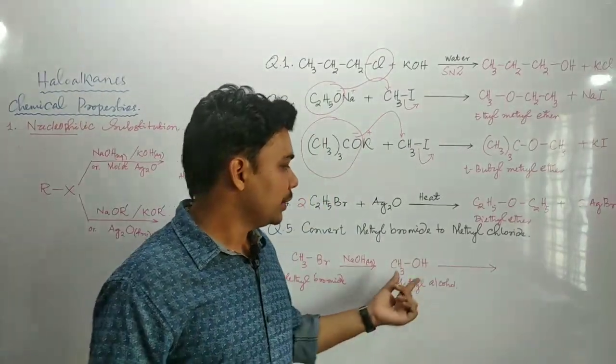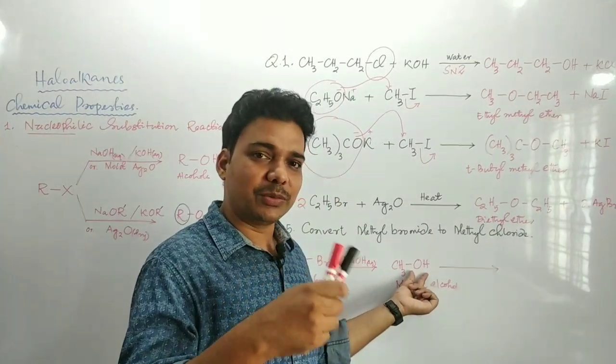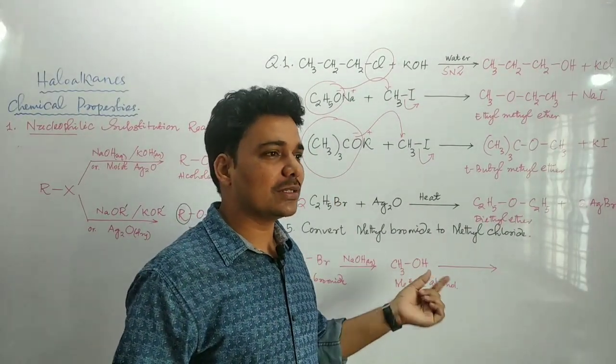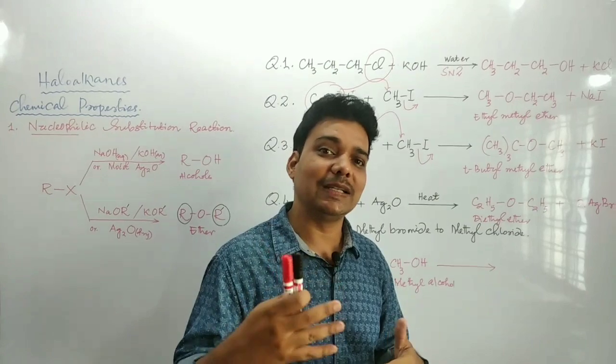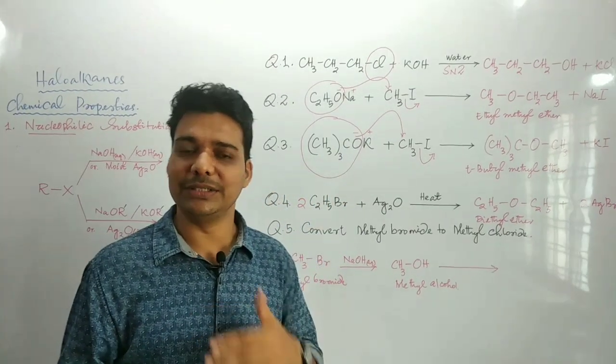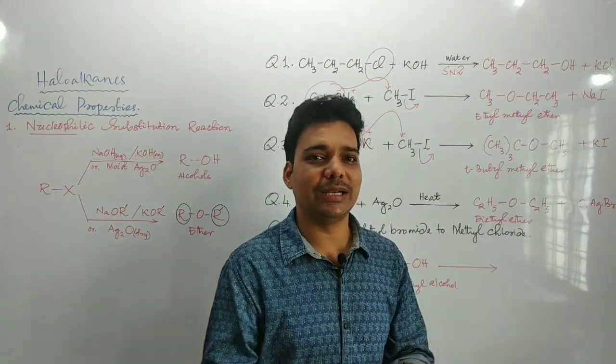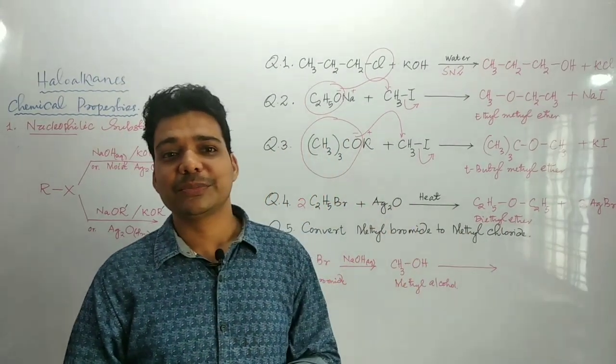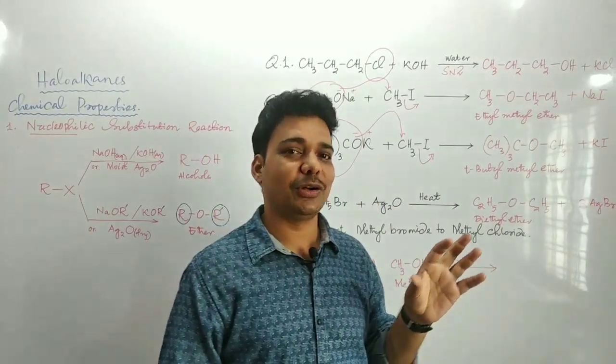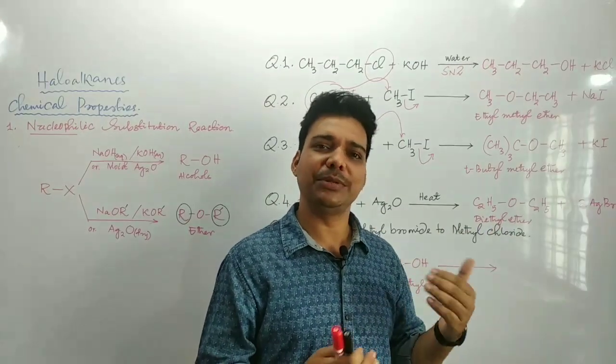Okay, so for alcohol, just remember the various reagents. Alcohols can be converted into the corresponding alkyl chlorides by the use of halogen acids. If we need alkyl chloride, then just remember Lucas reagent, the mixture of HCl and ZnCl2, can be used, right?